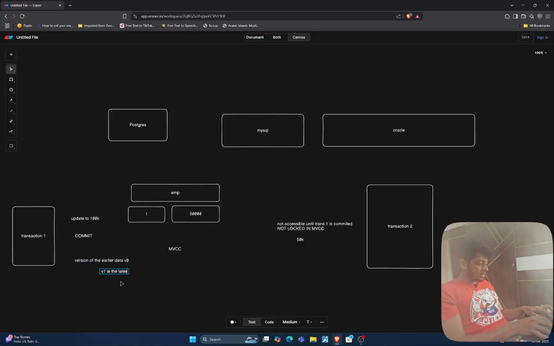If transaction 3 happens and wants to read the data, it will always refer to the latest data. So what transaction 3 will get is v1, which points to 100k.